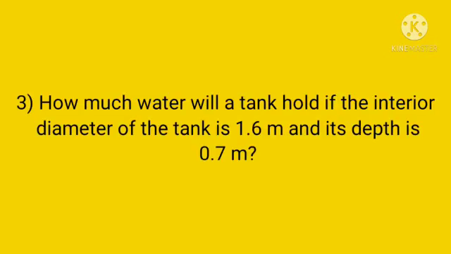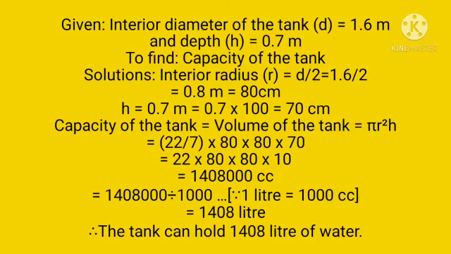Question number 3. How much water will a tank hold if the interior diameter of the tank is 1.6 meters and its depth is 0.7 meters? Given interior diameter of the tank D is equal to 1.6 meters, depth H is equal to 0.7 meters. To find capacity of the tank. Solution: interior diameter of the tank D is 1.6 meters.